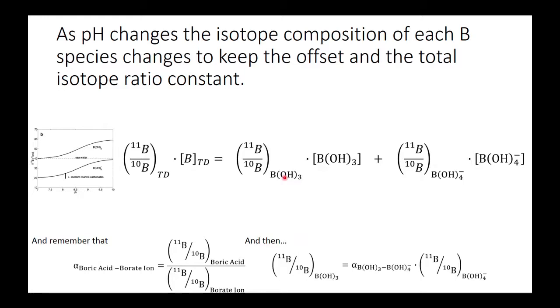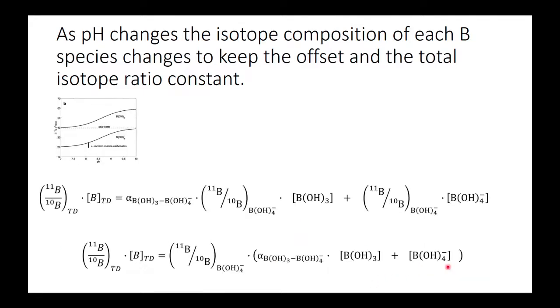So we can rearrange this to express it in terms of just one of the species. So we basically remove the boric acid term out in this case. So that is equal to this, which is what I've done there.